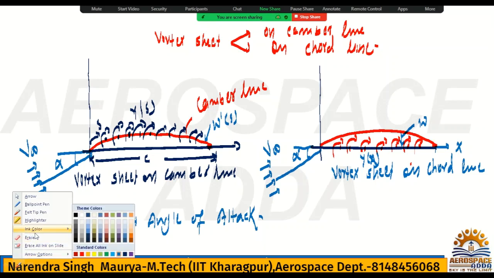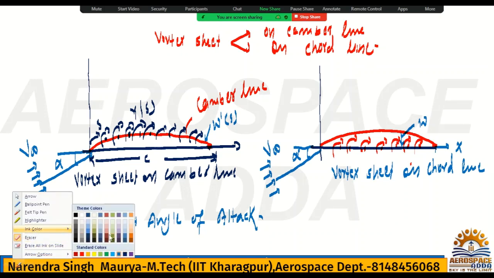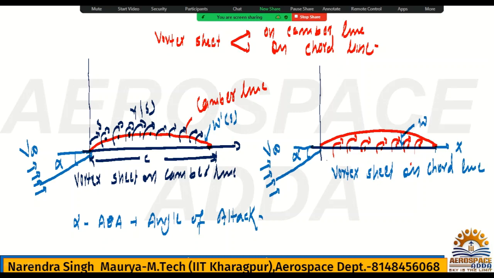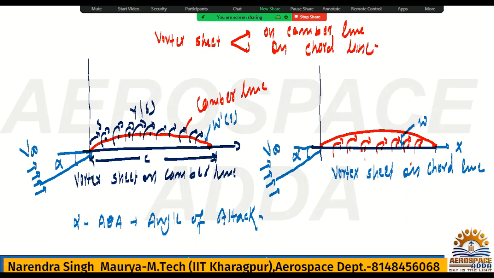What do you mean by gamma x? Its meaning is the vortex sheet on the chord length, gamma x. So definitely the induced velocity you may get normal to the chord line.